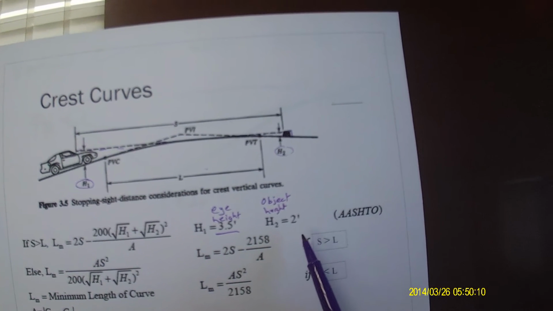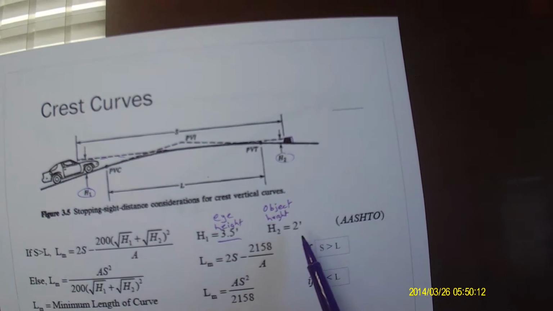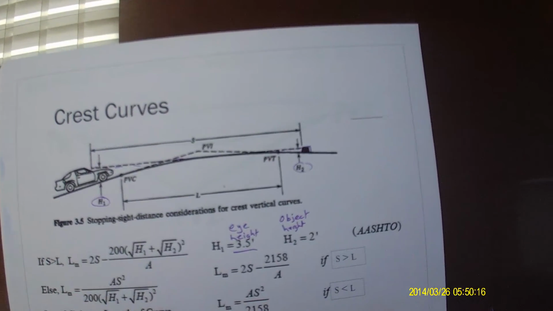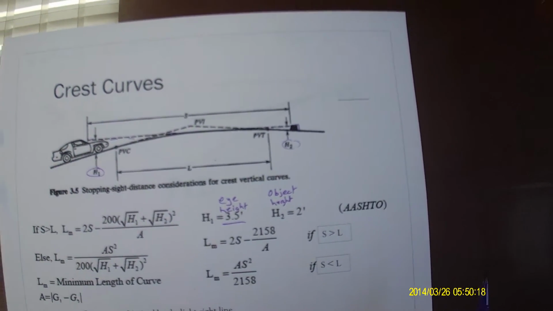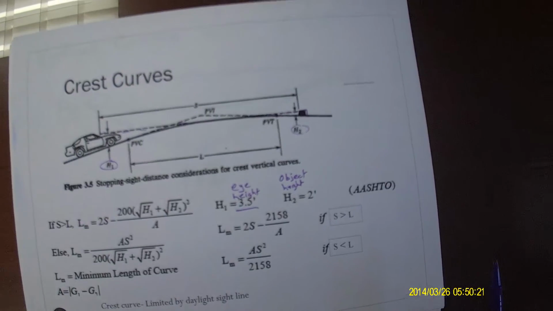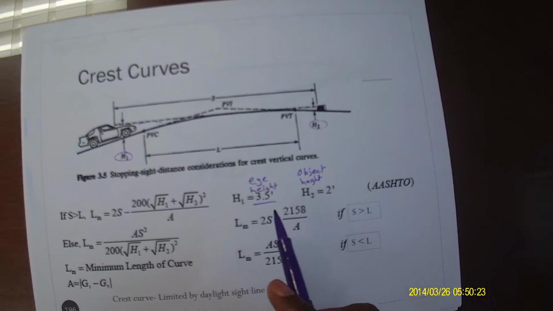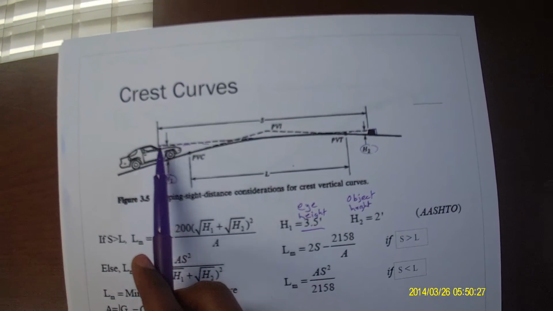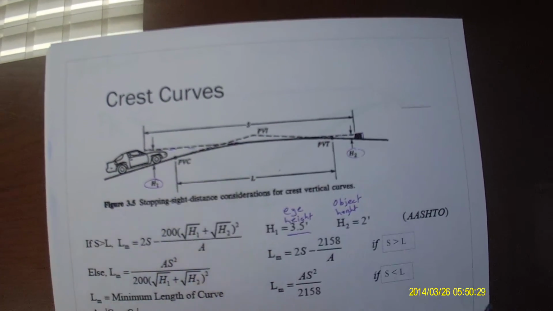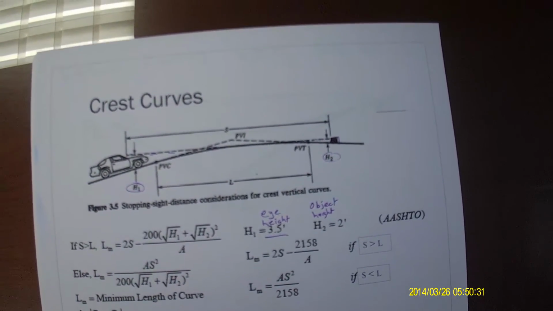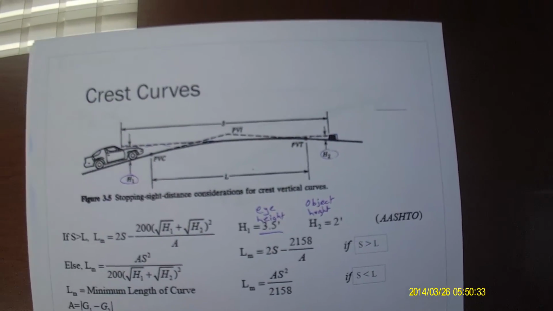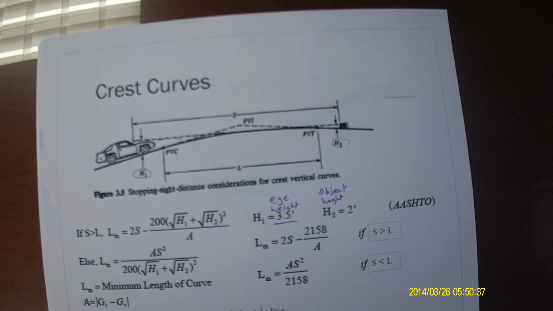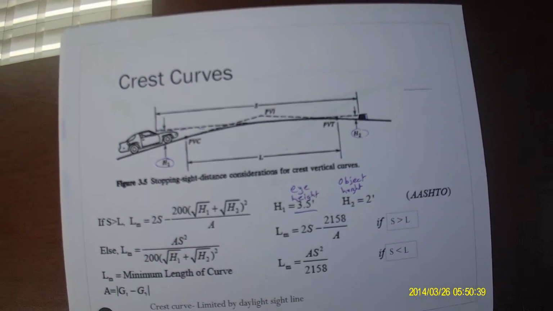Basically anything less than 2 feet, we need not pay too much attention to, at least for a vehicle traveling on the road. So when we actually look at these two heights and the fact that they are connected to an actual sight line, we can see how the stopping sight distance plays a role in determining the entire length of a vertical curve or crest curve. Okay, well, how do we use that?